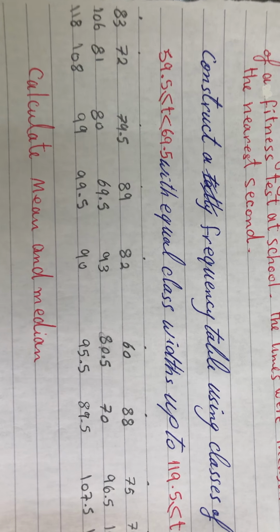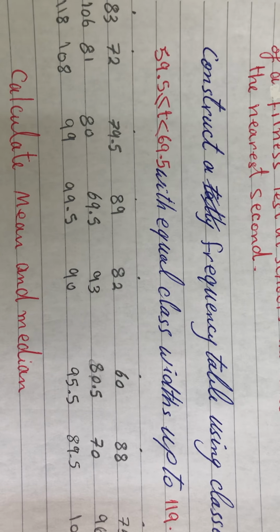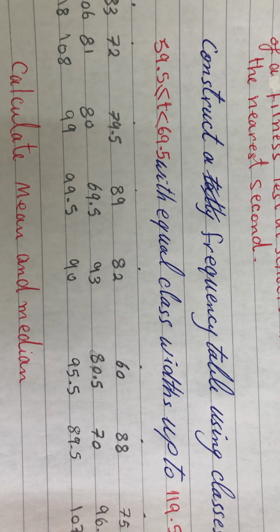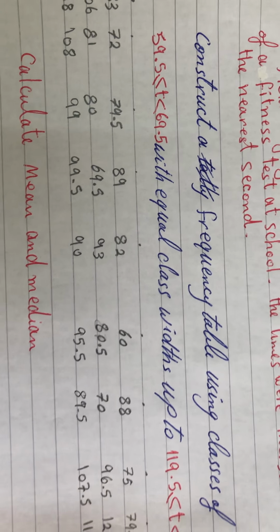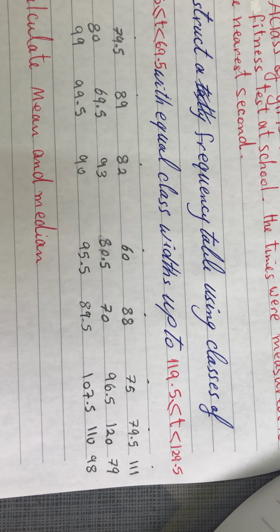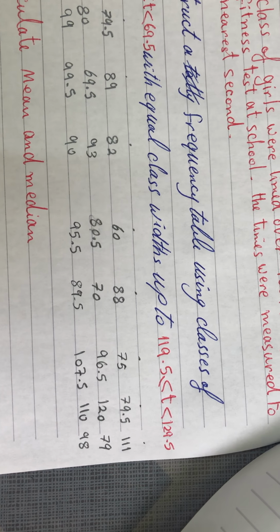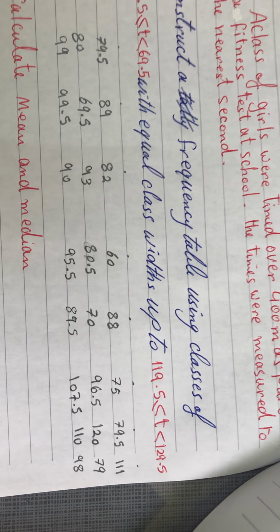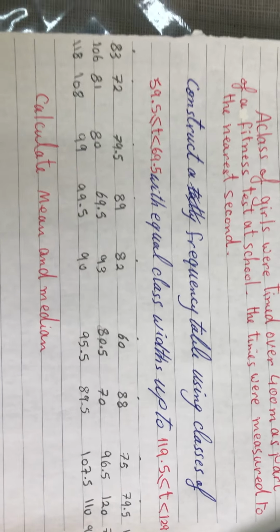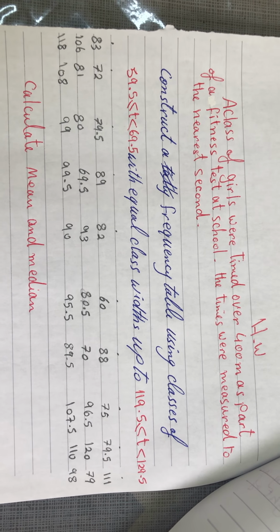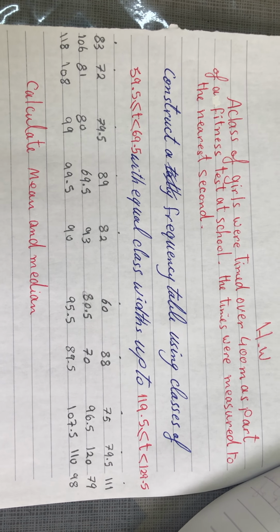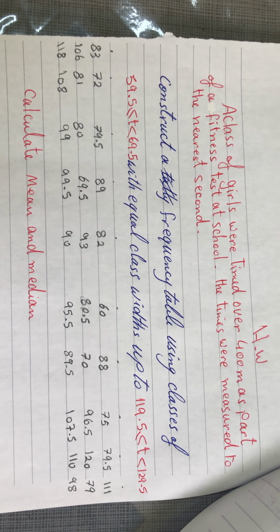I give you the first group starting from 59.5 till 69.5, so add 10 each time, and end with 119.5 till 129.5, also add 10. The range is 10. Construct the table, take a photo, send it to me on Edmodo please before 8:30 p.m.